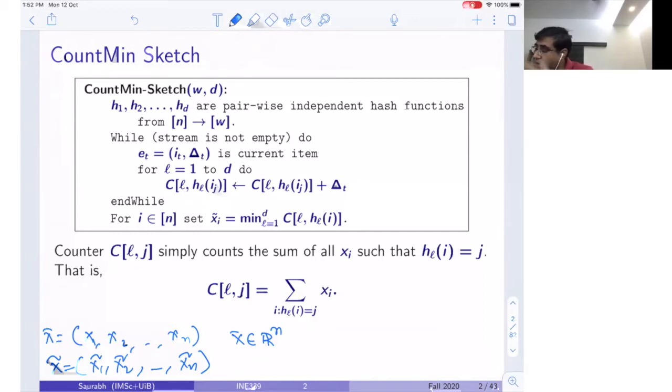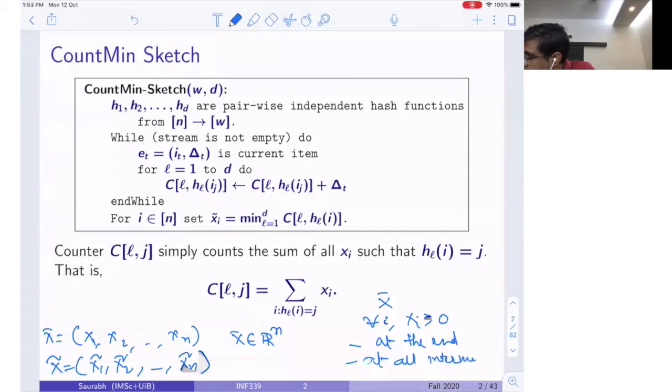But the count min sketch ran only in the setting where we assume that x bar has the property that for all i, xi is greater than or equal to 0 at the end, in fact at all intermediate steps.